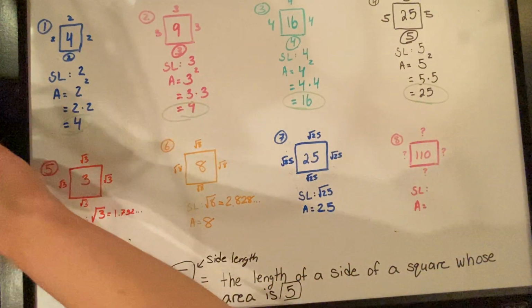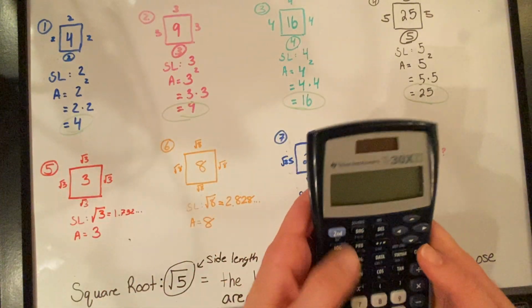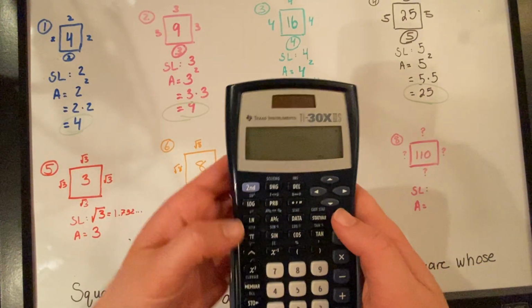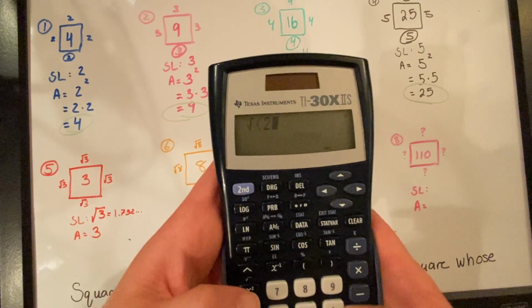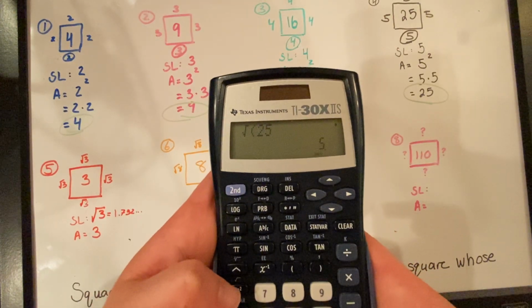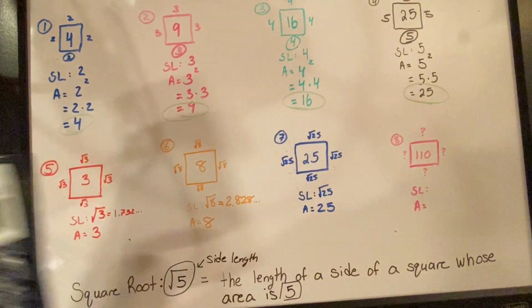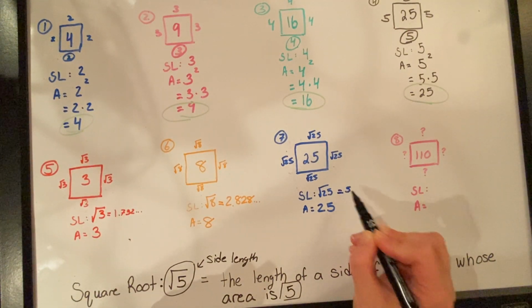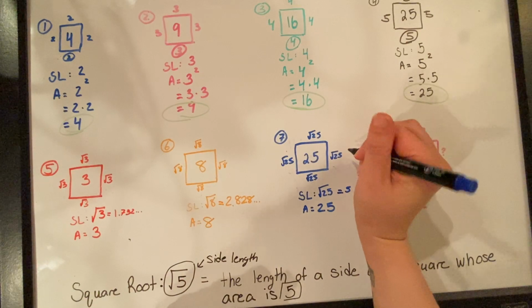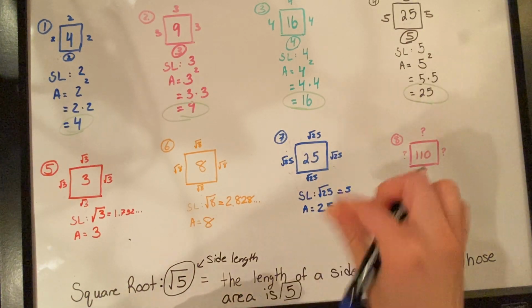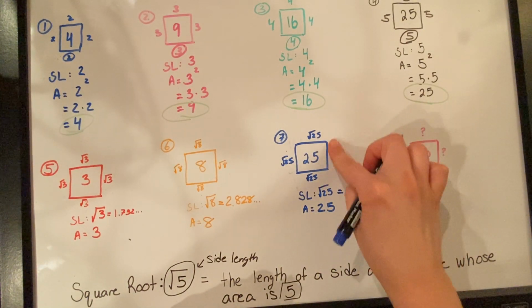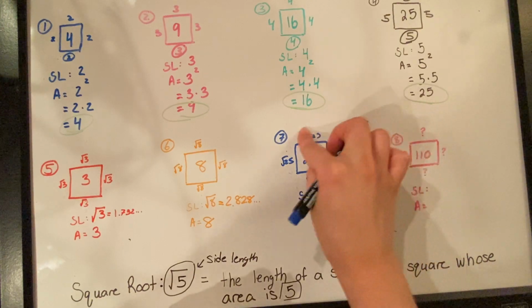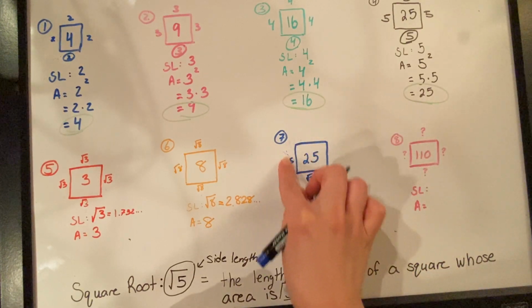And then we'll put that in our calculator. We're going to type in 25 because that's my area. Oh, look, we get a whole number, which is 5. So this side length is 5. So that means instead of writing the square root of 25, we can really just write 5 instead, since it's a whole number.